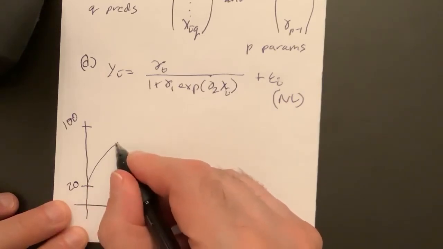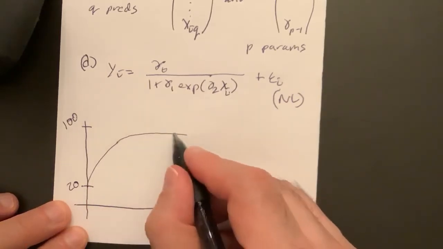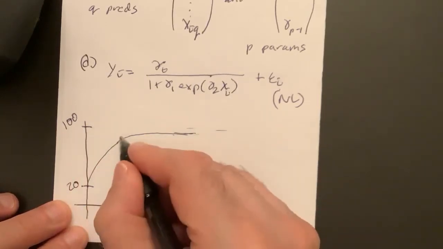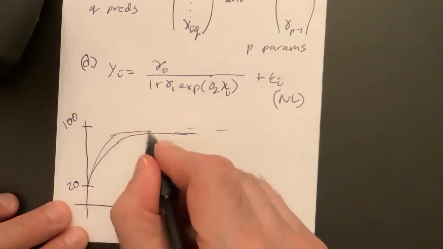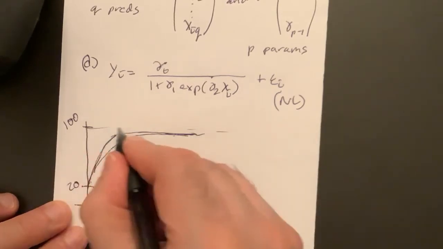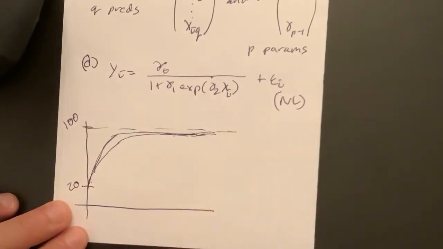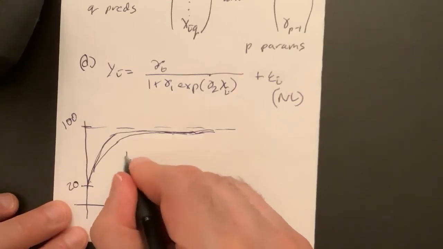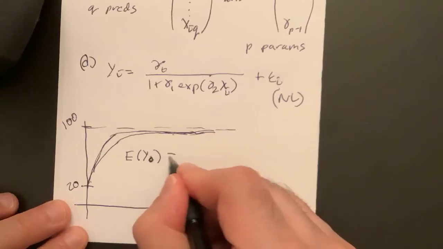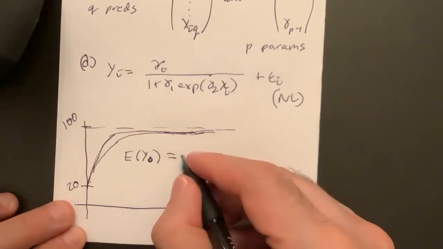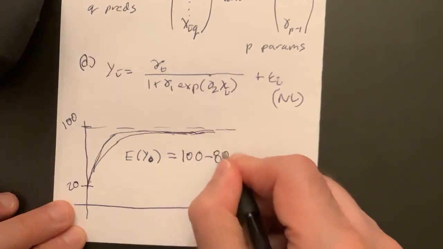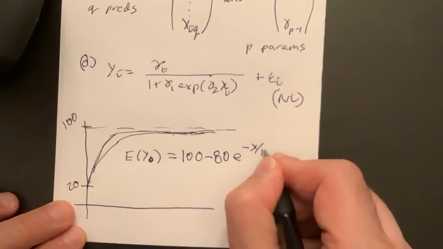And I get something like this, and it's supposed to be asymptotically going to this. Now, it's not a very good picture; it was supposed to be more like this. All I wanted to do is draw a picture on my screen. This is the regression function, E(Y_i), so we can take out the subscripts and just call it the regression function.